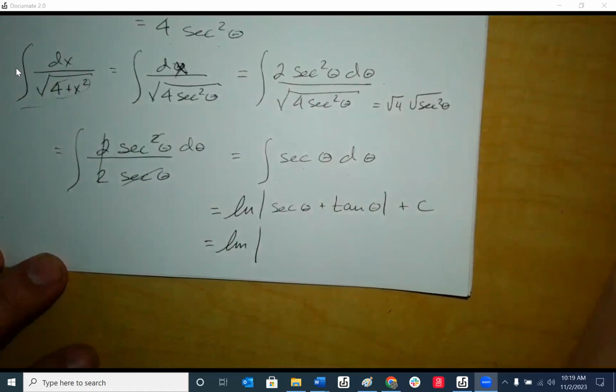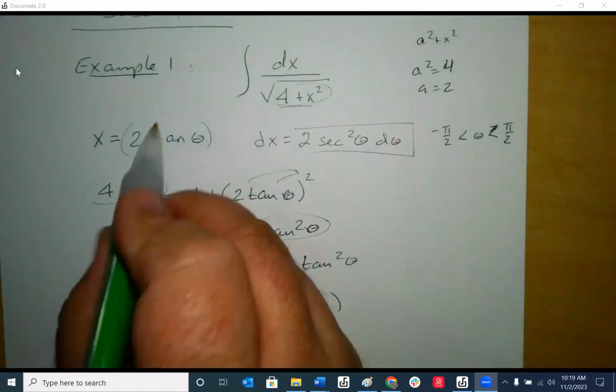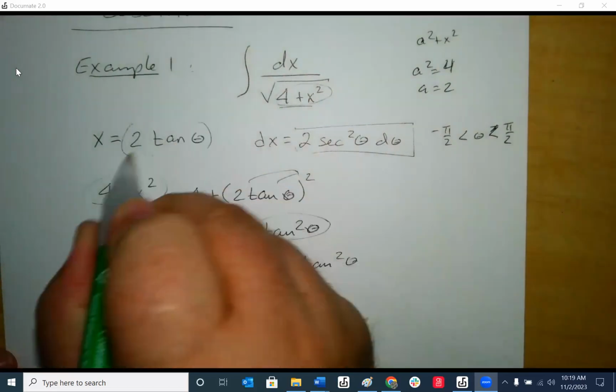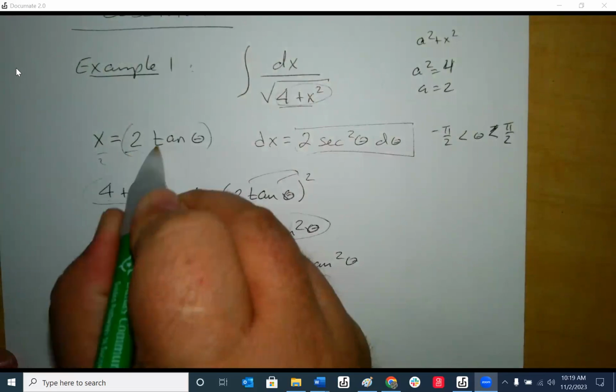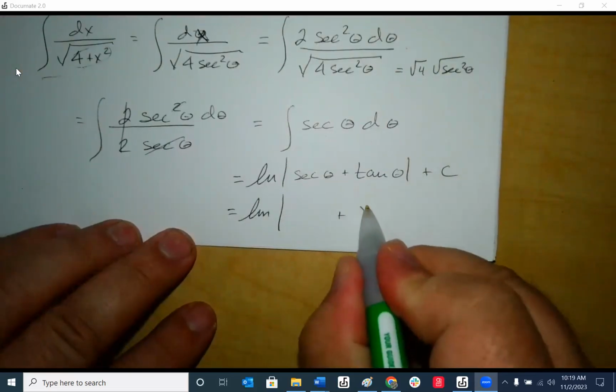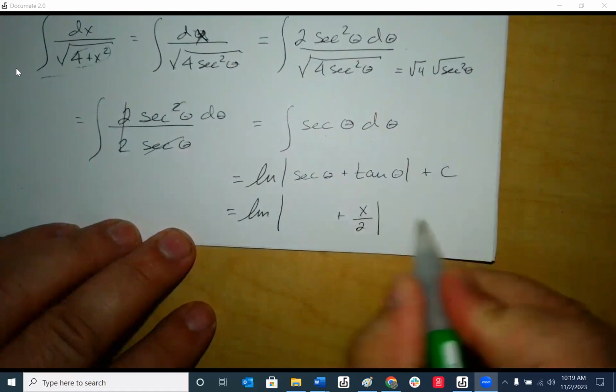Well, up here, we know that tangent theta is x over 2. So this is x over 2.